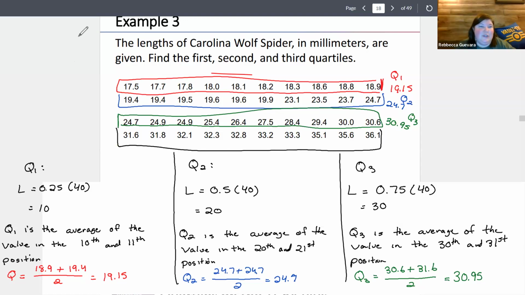Once again, there are certain things I can figure out here. Right now, I know that 25% of Carolina wolf spiders are going to be under 19.15 millimeters in length.